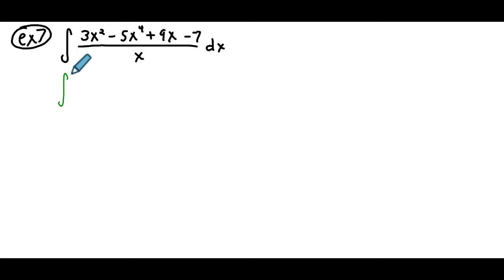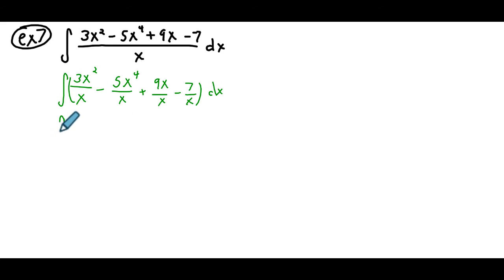So to simplify this, I will take my x and divide that by each term. So I'm going to take that 3x squared divided by x. I'm going to take my 5x to the 4th and divide it by x. And I'm going to repeat this process for all terms, and then simplify each fraction.